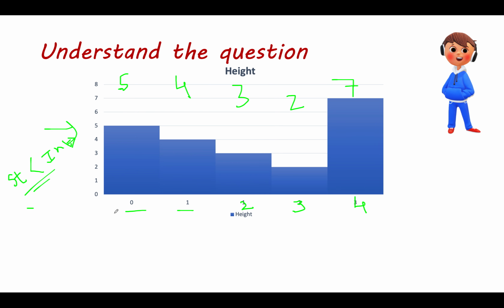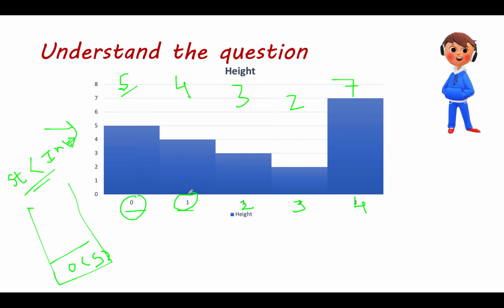Let's see what is our first element, and the first element is 5 at 0th index. The stack is empty, so we'll push this element onto the stack. So the index gets pushed onto the stack, and we have 0, and the value at it is 5. I'm showing this in the brackets. Let's move ahead.